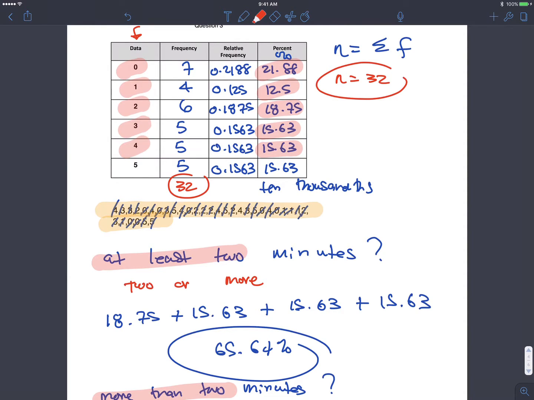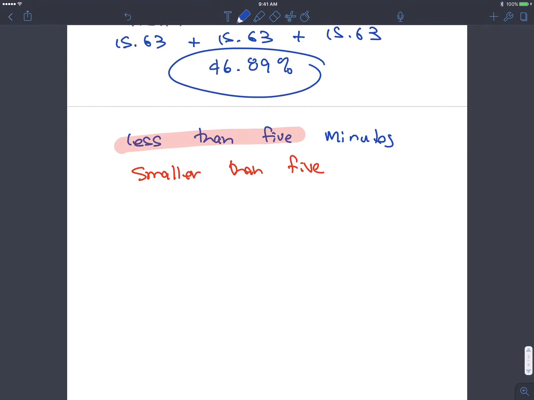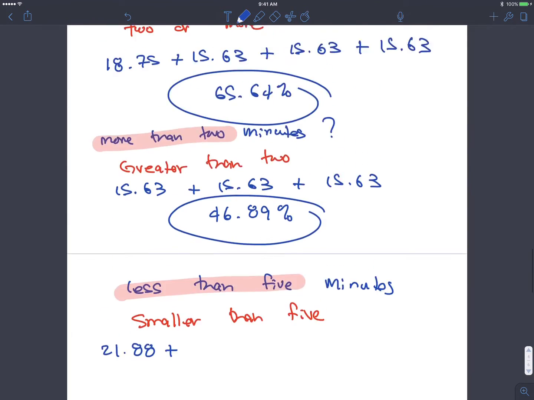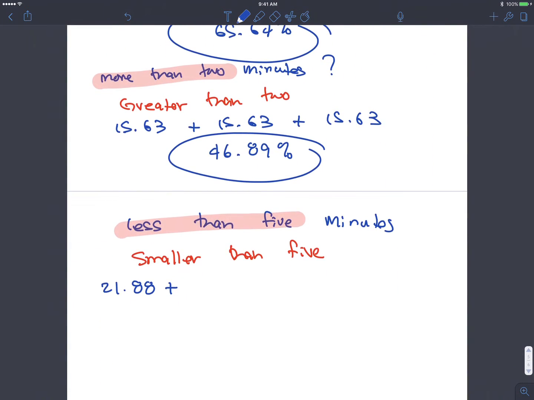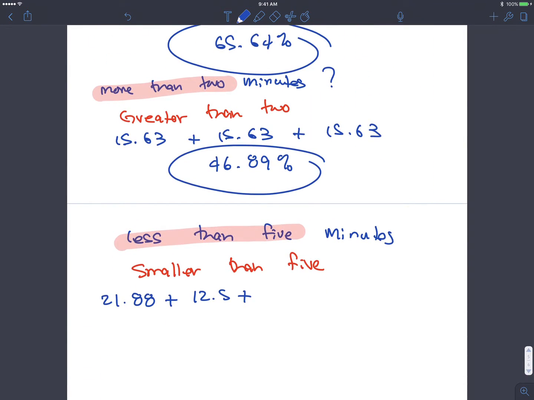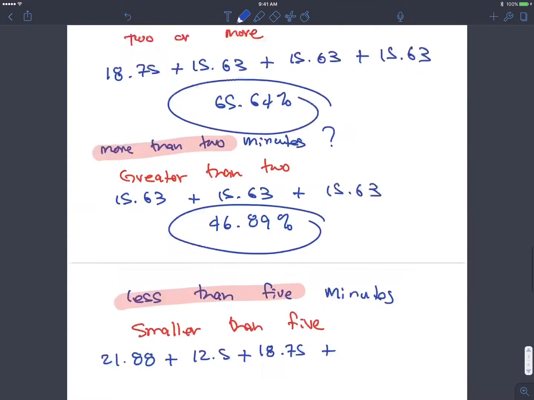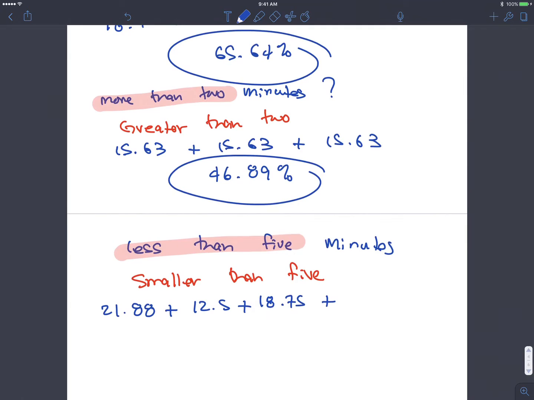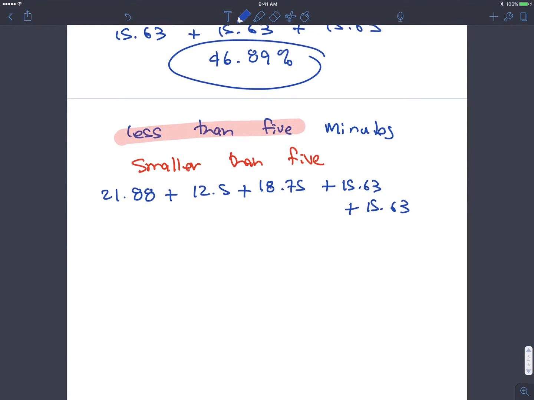Okay, so there's a lot there. 21.88 plus 12.5 plus 18.75 plus 15.63 plus another 15.63.